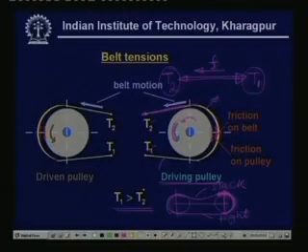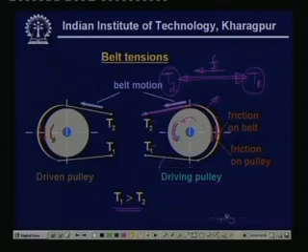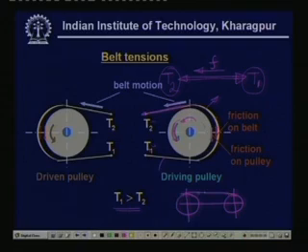On the other hand, if it is the other way round, that means if we consider the slack side to be on the lower side and the tight side on the upper side, a similar situation can be drawn. So, this is the tight and this is the slack.